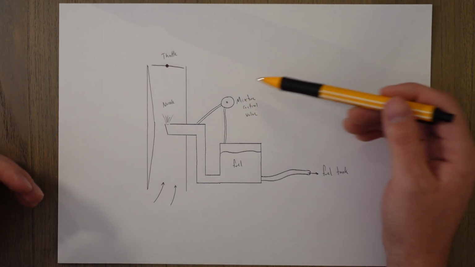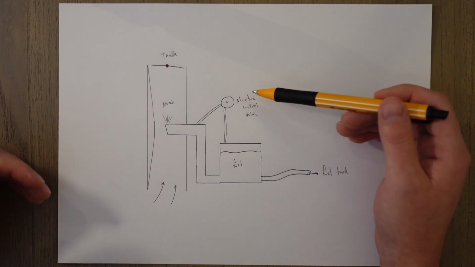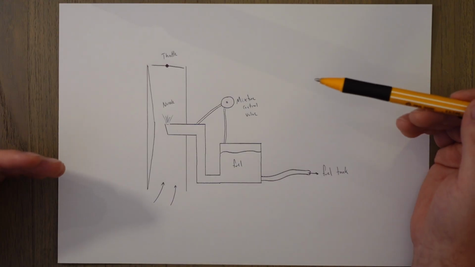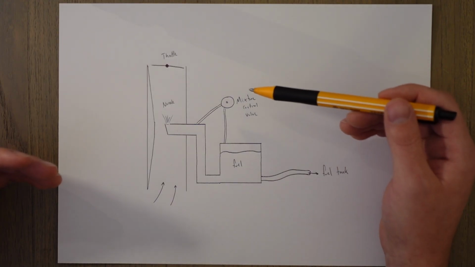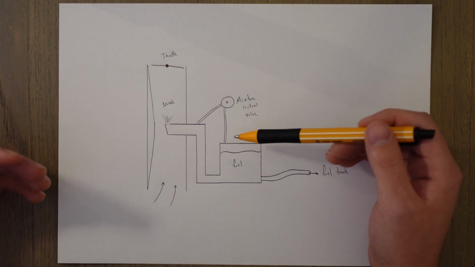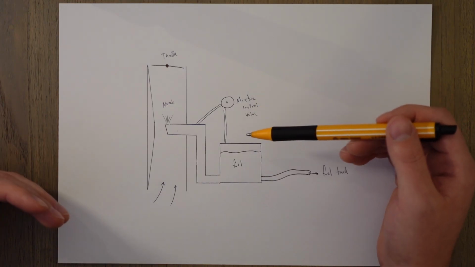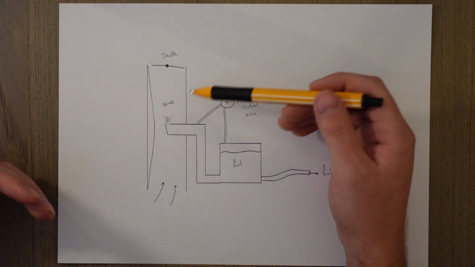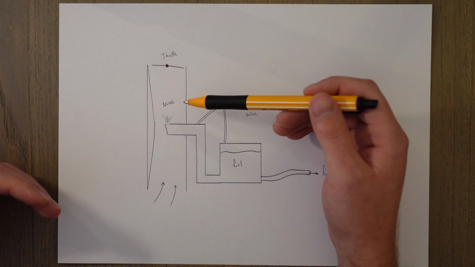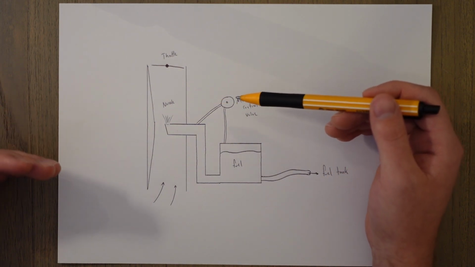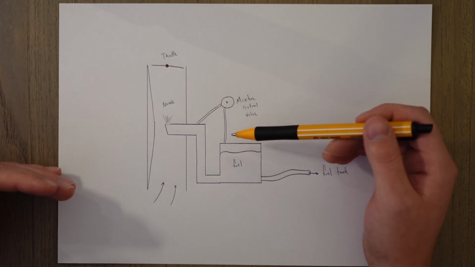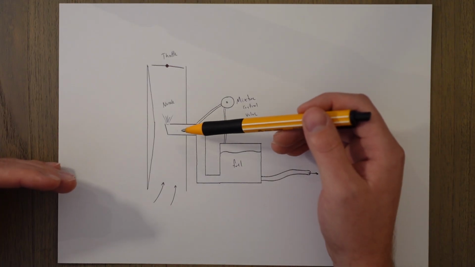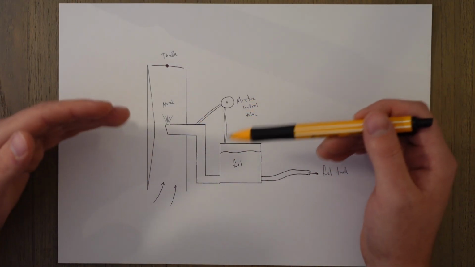If we want to adjust the mixture, then we have a mixture control valve connected to a lever in the cockpit, which regulates the amount of ambient air let into the chamber and the U-bend so that either more or less fuel is pulled up by the low pressure area in the choke. For example, if we kept the pressure in the chamber high, then the low pressure area will draw more fuel due to that pressure differential.